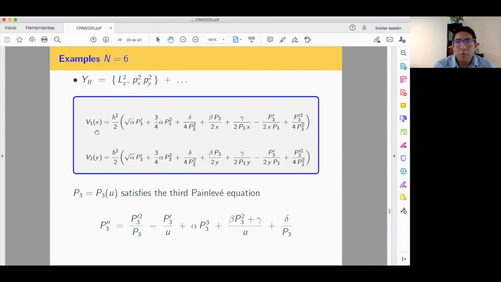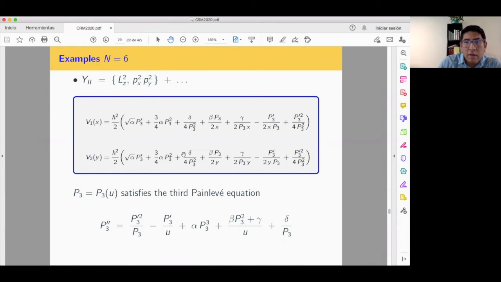The x part of the potential, the x component, takes this expression. We see that P3 appears. So now the third Painlevé transcendent enters into the game. And for y it is the same, actually, the form of the potential in y is symmetric. So the only difference is that here it depends on x and here only on y.